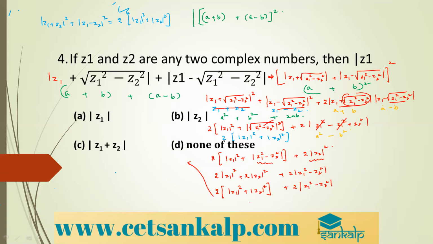Now I am writing here. I will use the formula which I wrote on the top. 2 into z1 square plus z2 square, how will I write? z1 plus z2 whole square plus z1 minus z2 whole square. And this last one, 2 into z1 square minus z2 square, will be the same.